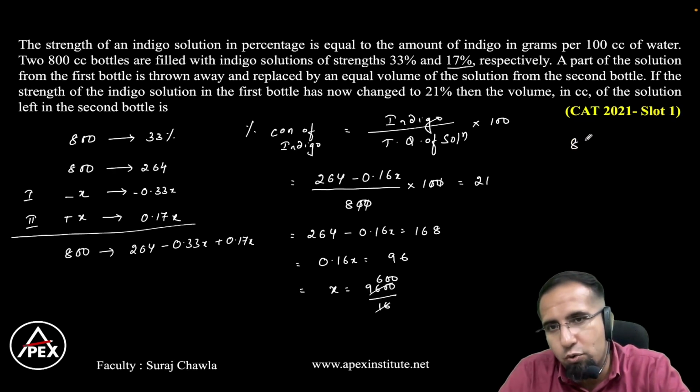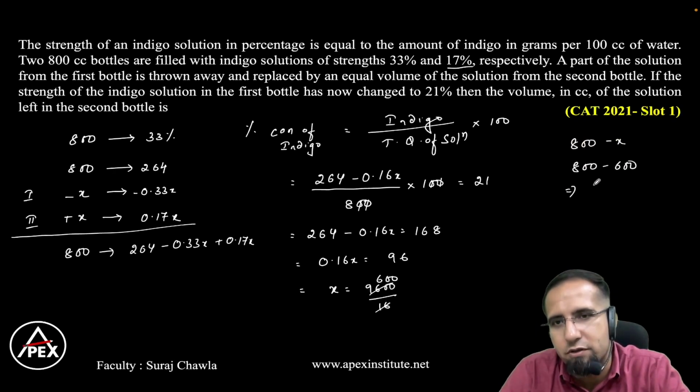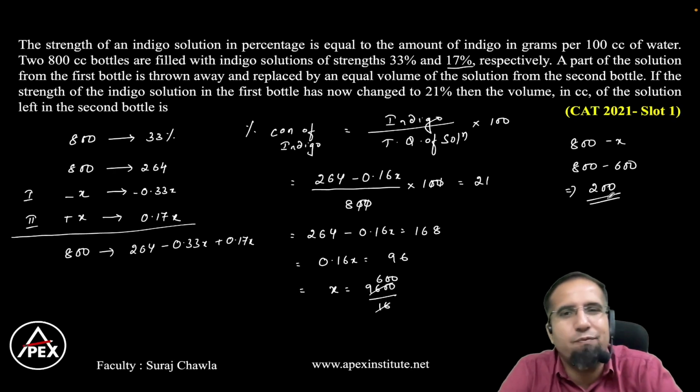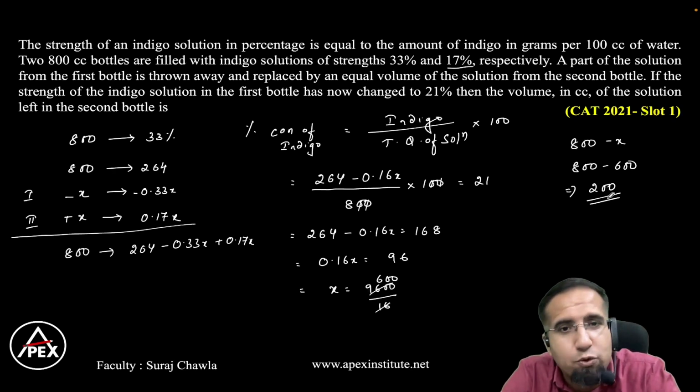So I repeat, bottle 2 had 800, we removed x from bottle 2 and the value of x is equal to 600. So after removing this, the quantity remaining in bottle 2 is going to be how much, guys? Is going to be only 200 ml. So this is again a very basic question. All we need to understand is how to calculate the percentage of indigo in the given solution, and that will be our breaking point to get this answer.